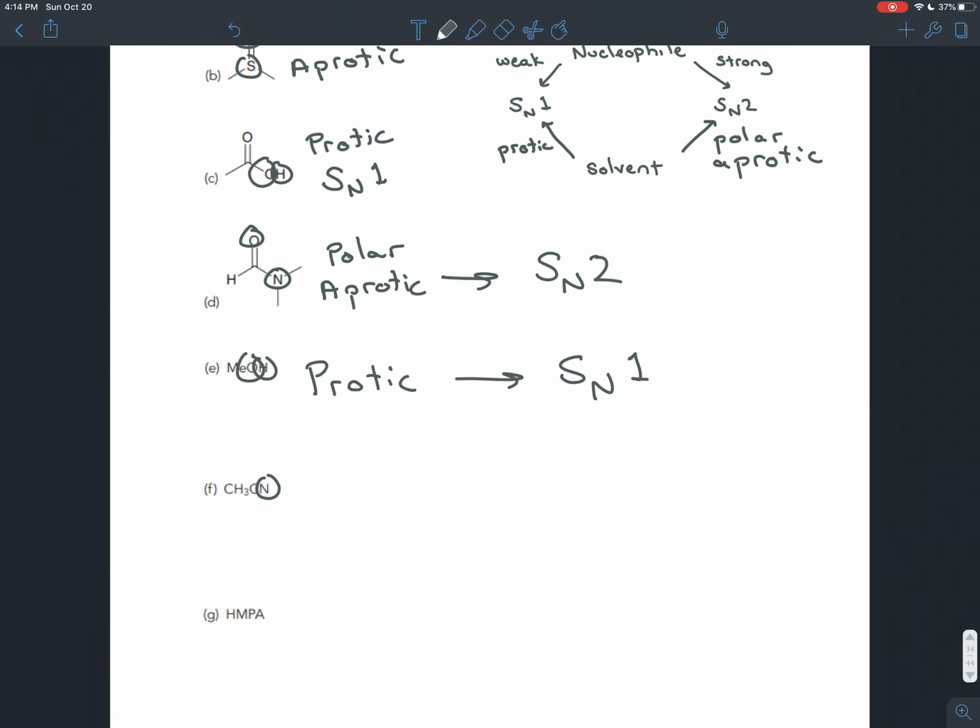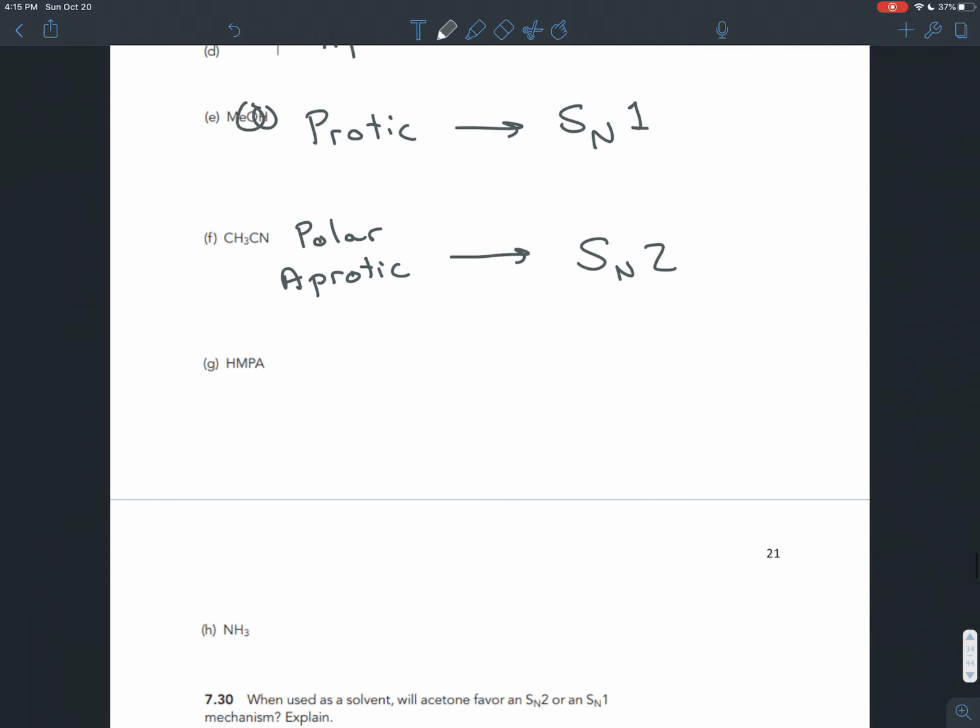Here we have an electronegative atom, but it's not bonded to hydrogen. It's bonded to a carbon, so that's polar aprotic. That's acetonitrile. That specific molecule is a very common solvent in laboratories. Polar aprotic, that favors an SN2 mechanism. HMPA, they don't have it drawn for us, but that's one of those alphabet soup names, and so that's polar aprotic.